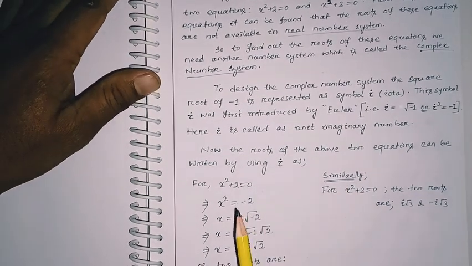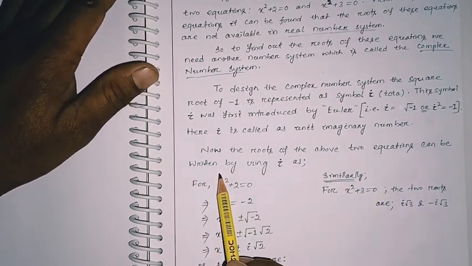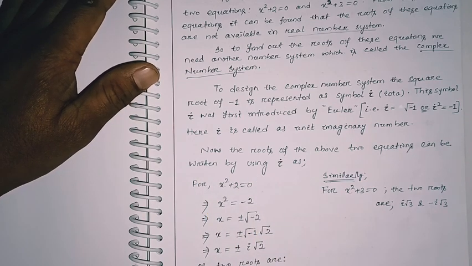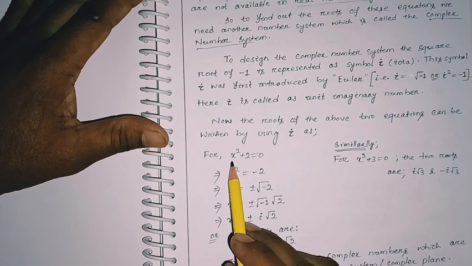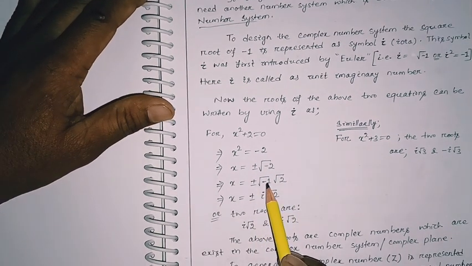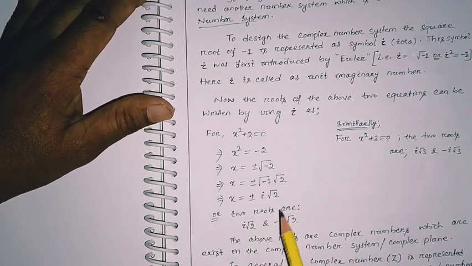Now the roots of the above two equations can be written by using i. Just watch, x square plus 2 equal to 0. x square will be minus 2, x will be plus or minus root 2, which can be written as plus or minus root over of minus 1 into root over of 2.